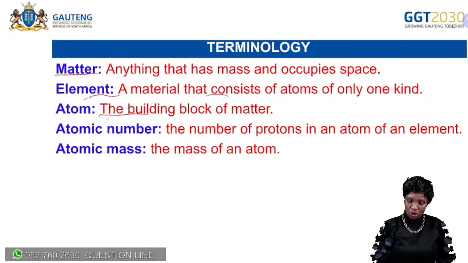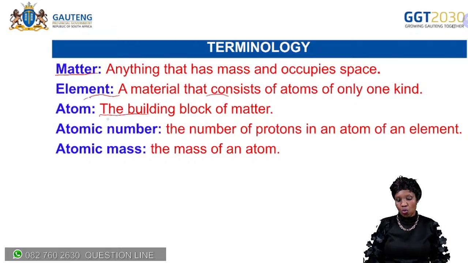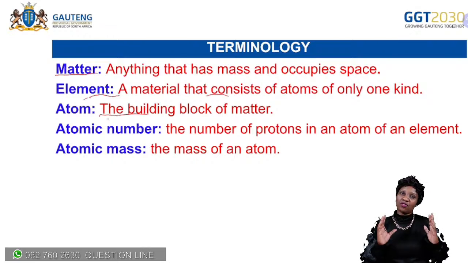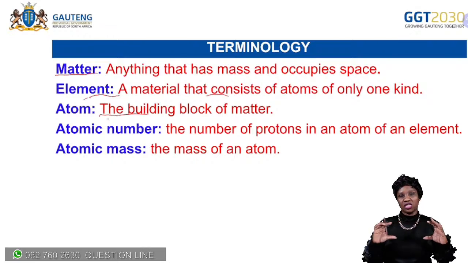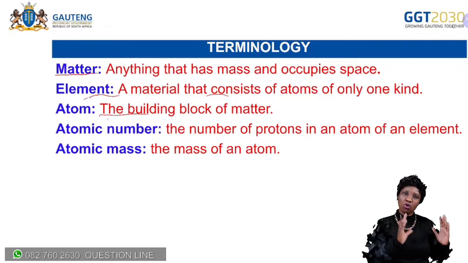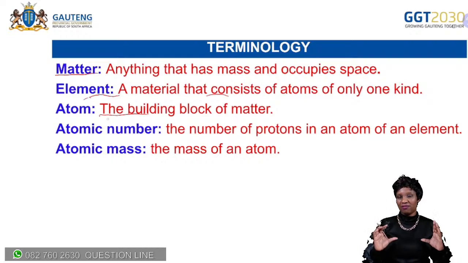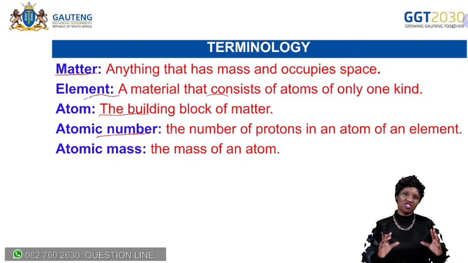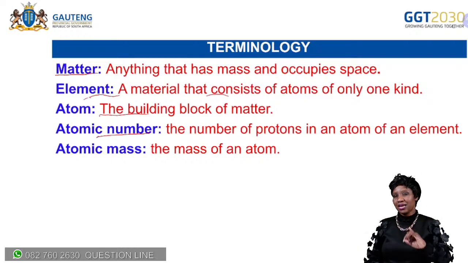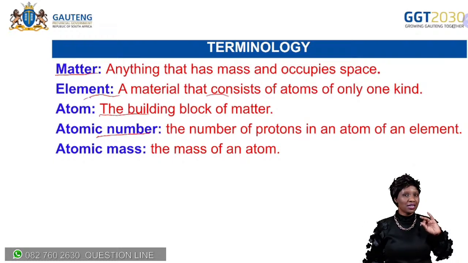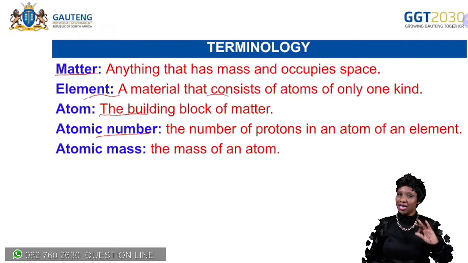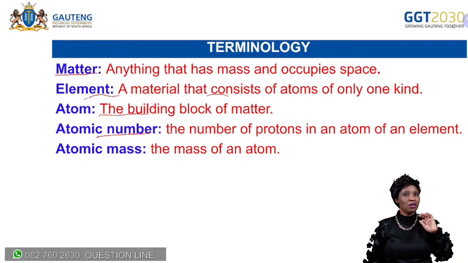And then we go to the atomic number. When we are looking at the atomic number, remember the periodic table of elements, it has got all the elements. And if you take just one box there and check what is written there, you will see the atomic number, you will see the chemical symbol, you will see the name, you will also see the mass.